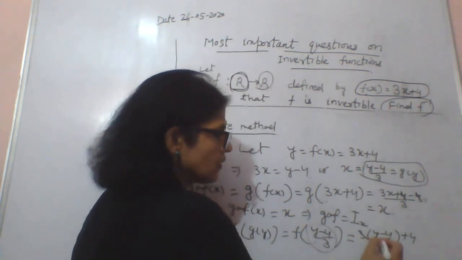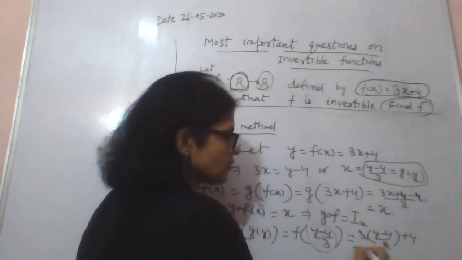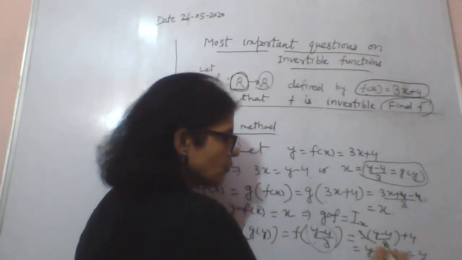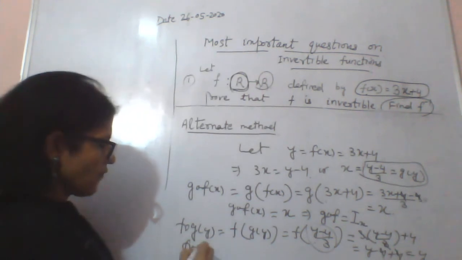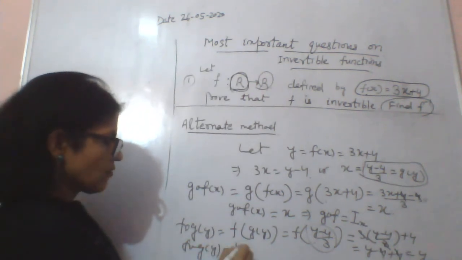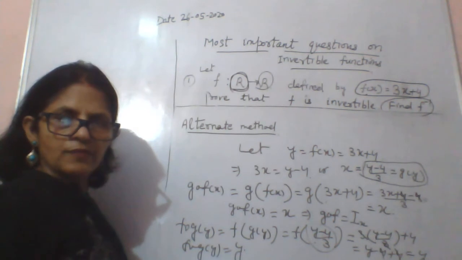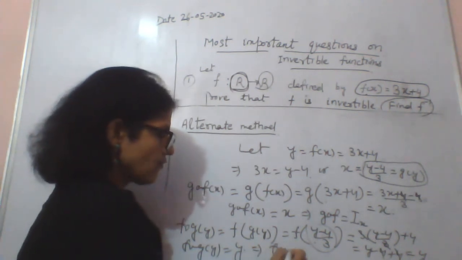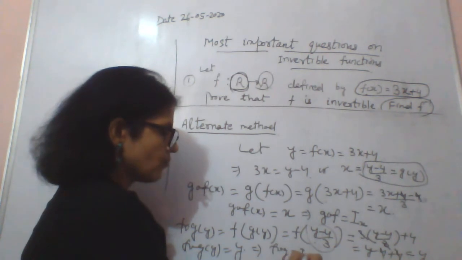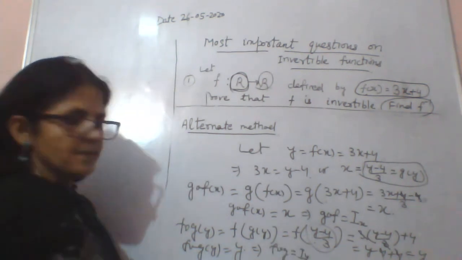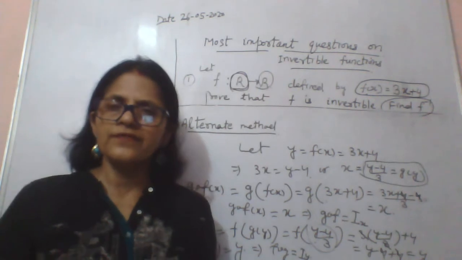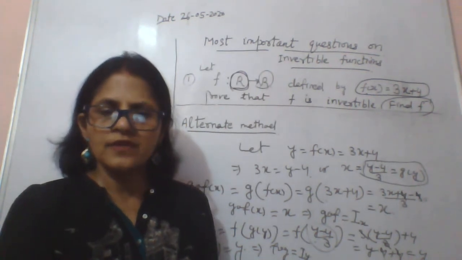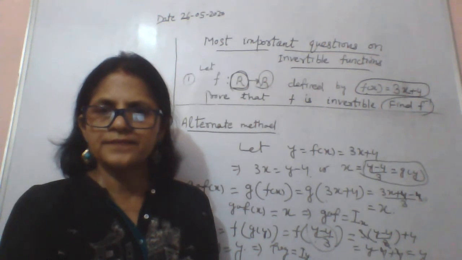So you are getting y minus 4 plus 4, which means you are getting y. So f of g(y) equal to y, meaning f of g equal to I_y.